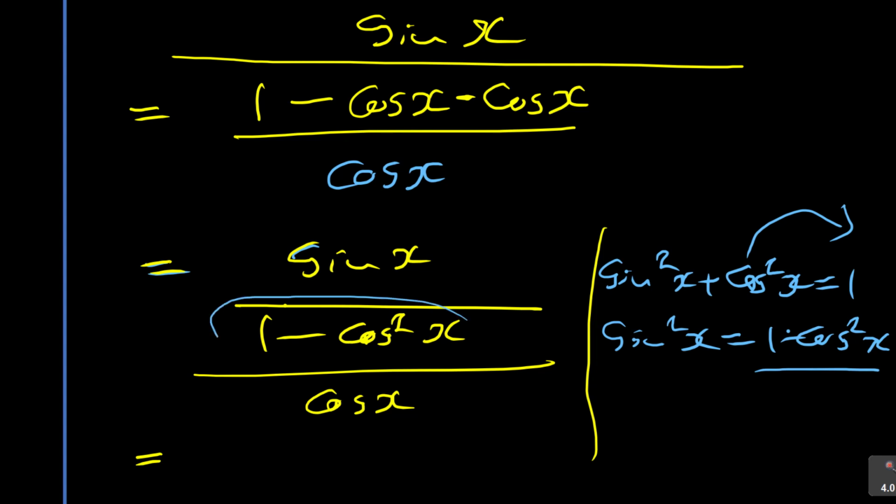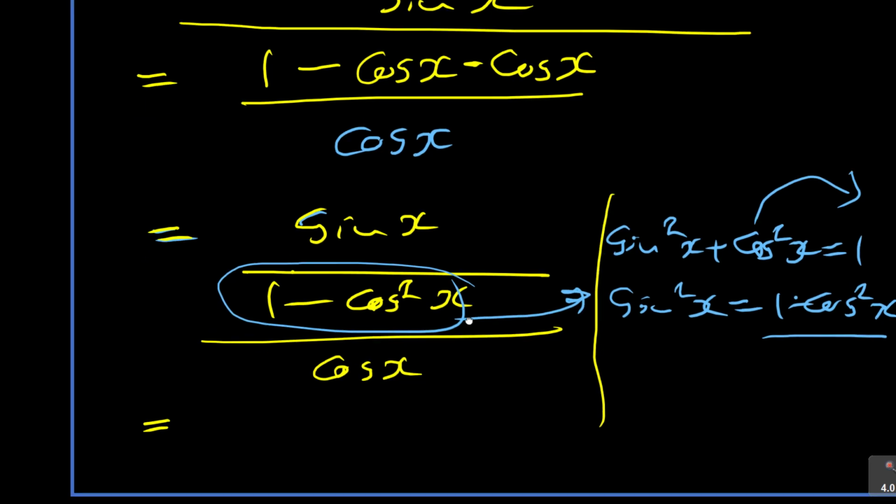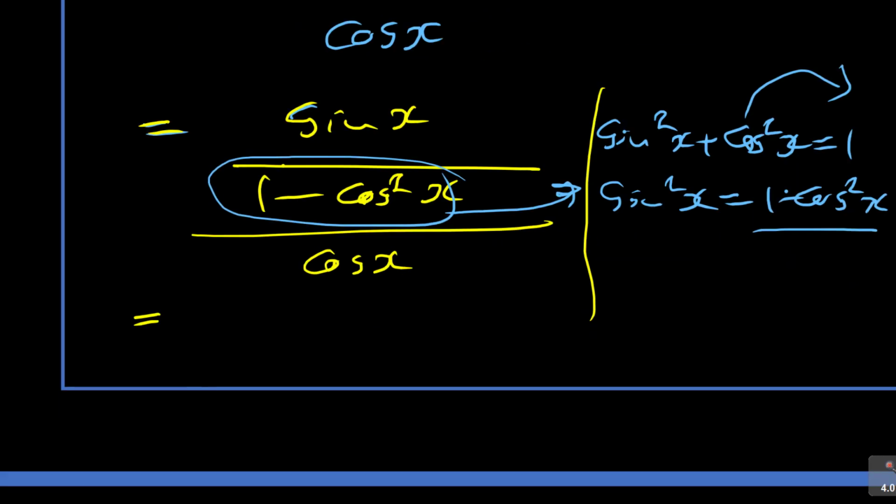So this is actually sine squared. See that? Then you continue and say this will be sine x. Then I'll use this division line here as divided by, then it's what?